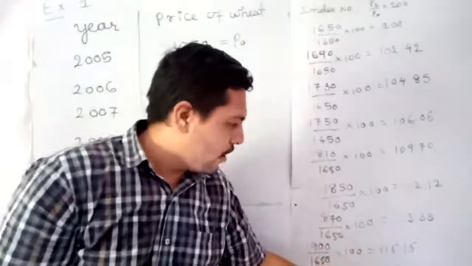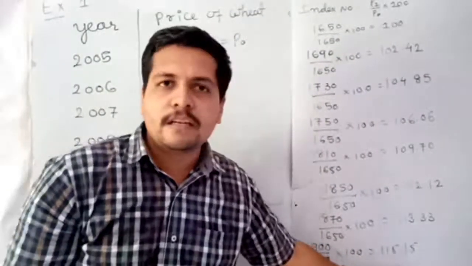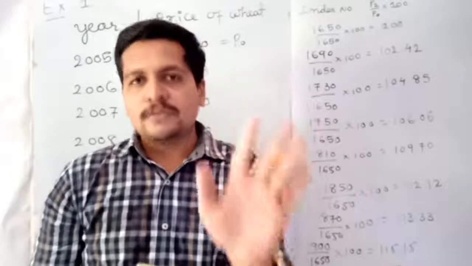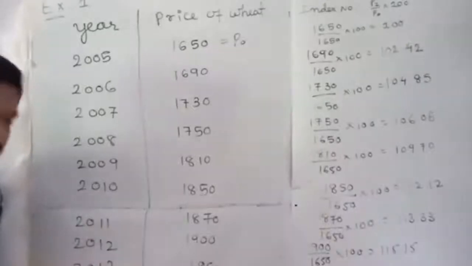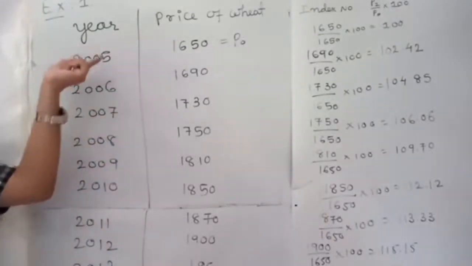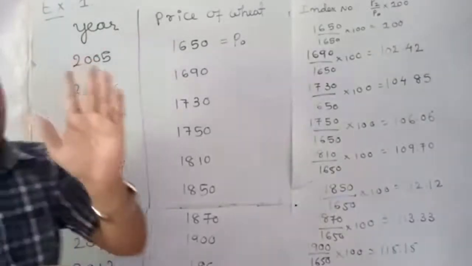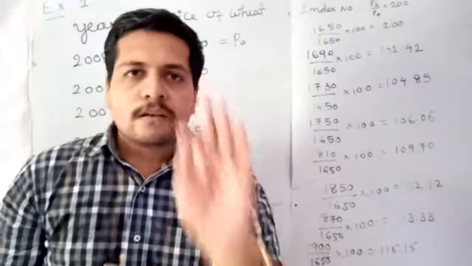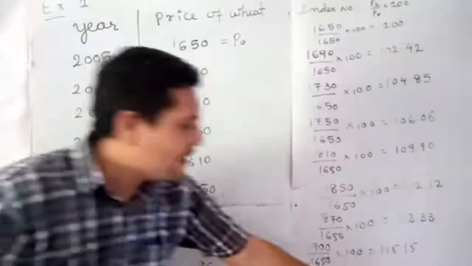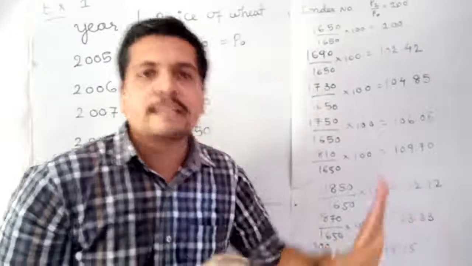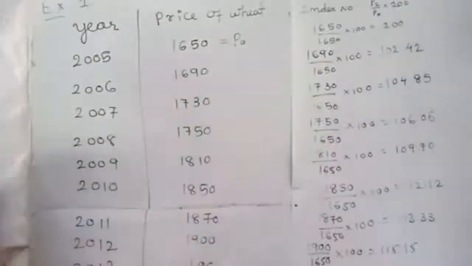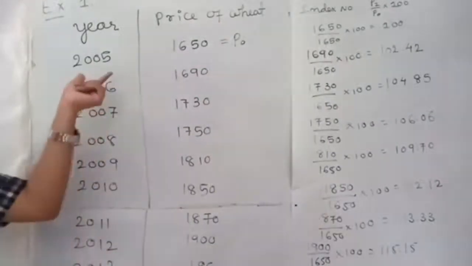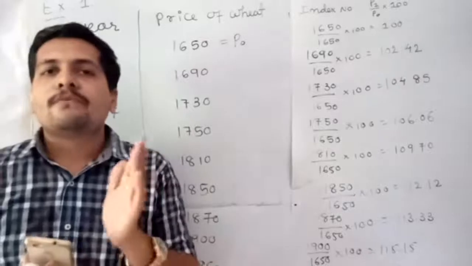What is this 118.18? This is the answer, or this is the price index number for year 2013 as compared to year 2005. This is clear. Once again, 118.18 is the price index number for year 2013 compared to year 2005.